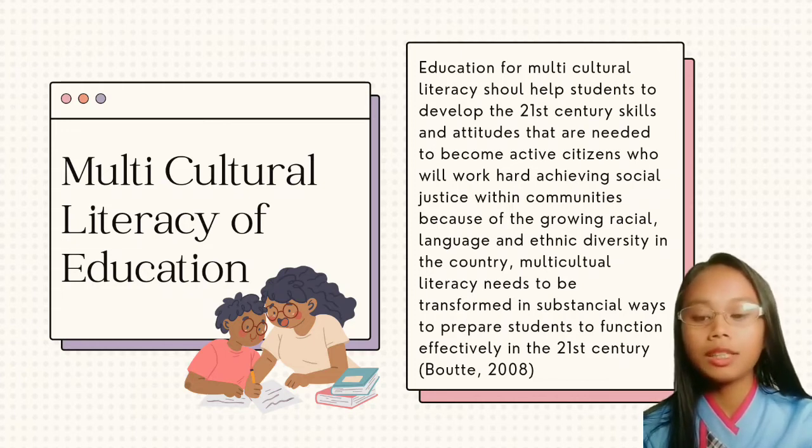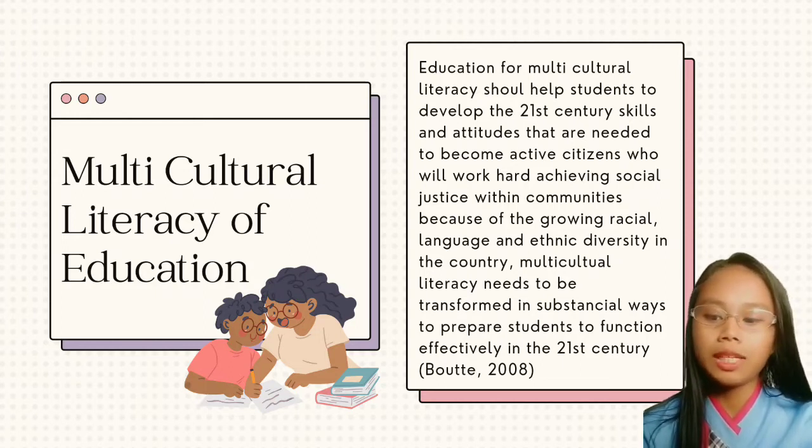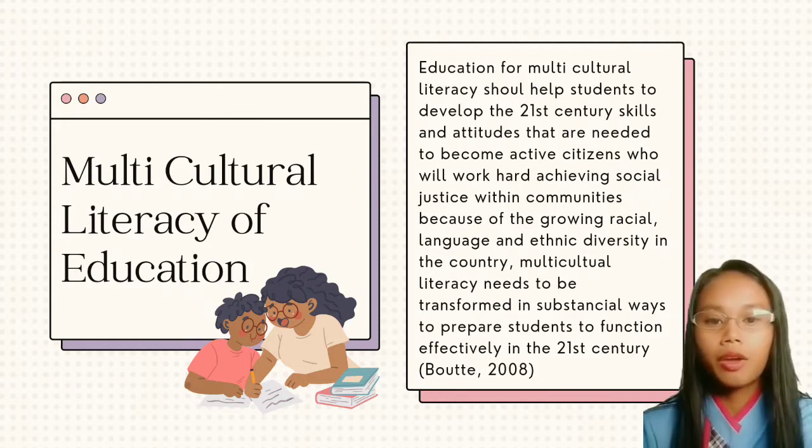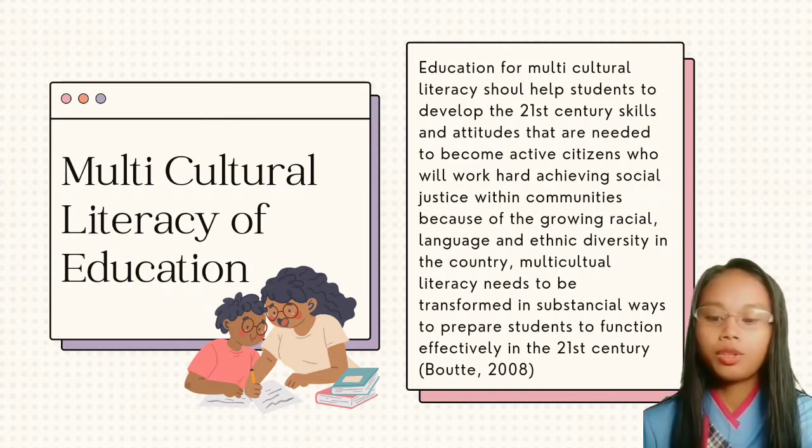In terms of literacy, these are the skills the students should have, like information, media, and technology skills, and life skills that we should develop, like flexibility, leadership, initiative, productivity, and social skills. Those mentioned skills will help students to become active citizens that will work in achieving social justice in our community and even across the world.